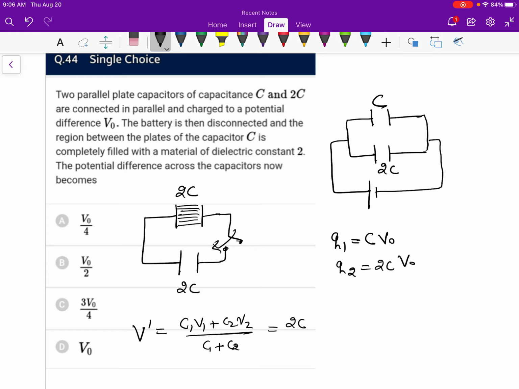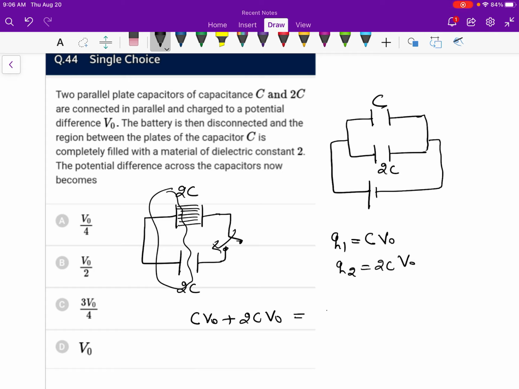Through charge conservation, if common voltage is V, initial charge is CV0 plus 2CV0 on these two positive plates, and final is 2C plus 2C into V. So V is 3V0 by 4, so C is the correct option.